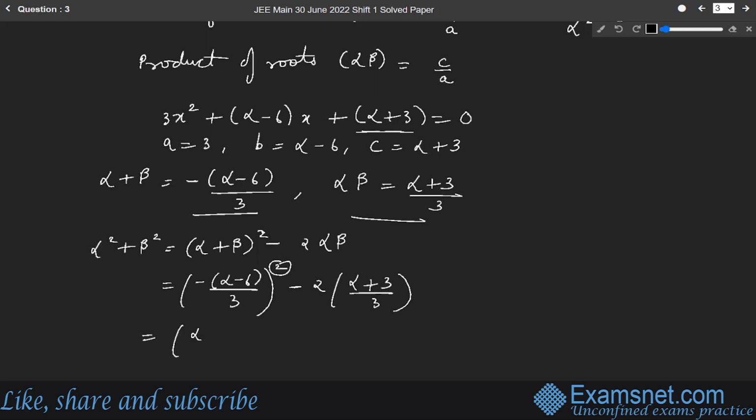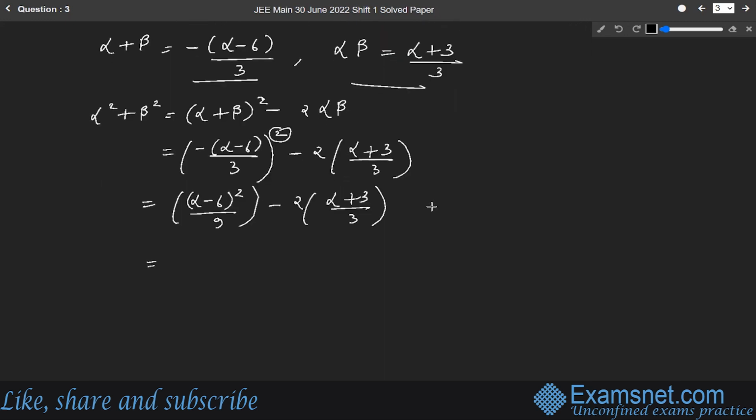So we can write it as (alpha minus 6) square divided by 9, the square of 3 is 9, minus 2 into (alpha plus 3) divided by 3. Now let us take the LCM. LCM will be 9. All right. So the numerator will be (alpha minus 6) square minus 2 into 3, which will be 6, 6 into (alpha plus 3).